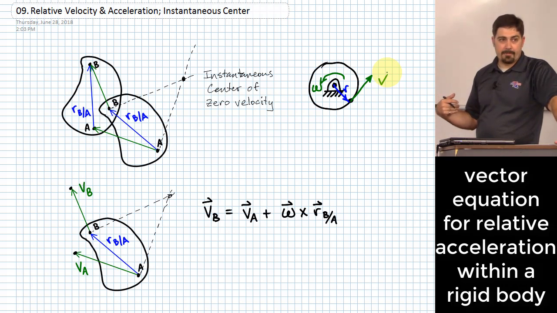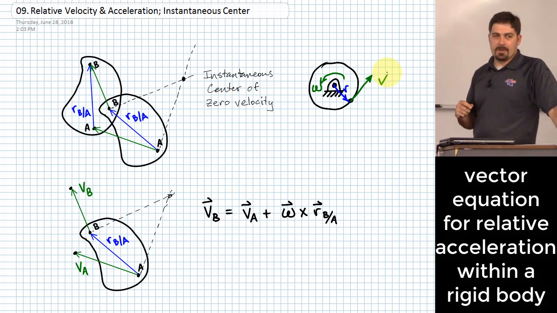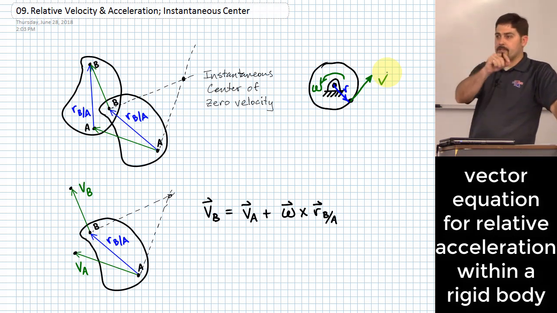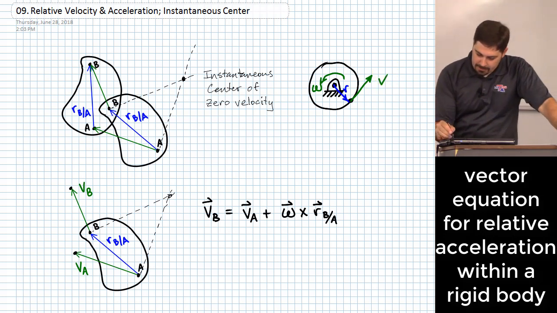It's a different thing. Some people probably dispute that. There probably are geometric ways that we could deal with the question of acceleration. But to me, about the only way that I want to approach this is just with vector notation to figure out the acceleration of another point with respect to the first point. And here's the equation.